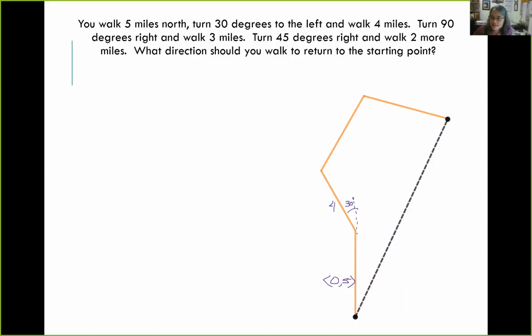And then you just think to yourself, well, maybe I should get back on my original track. So you turn 90 degrees and walk for 3 miles. And then you turn right 45 degrees and walk for 2 miles. And now you want to go home. Go back to your car. Okay. What angle should you turn at here?